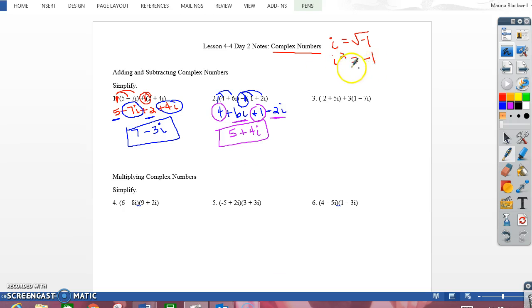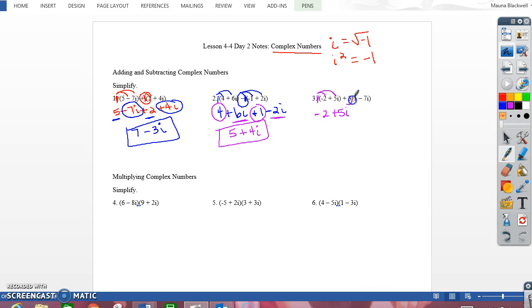Okay, so as long as it's just i, you leave it alone. If it's i squared, that's when we have to convert that to the -1. Okay, so -2 plus 5i plus 3 times 1 minus 7i. So remember we're doing PEMDAS, so the first thing we have to do is get rid of these parentheses by multiplying by -1. So -2 plus 5i.